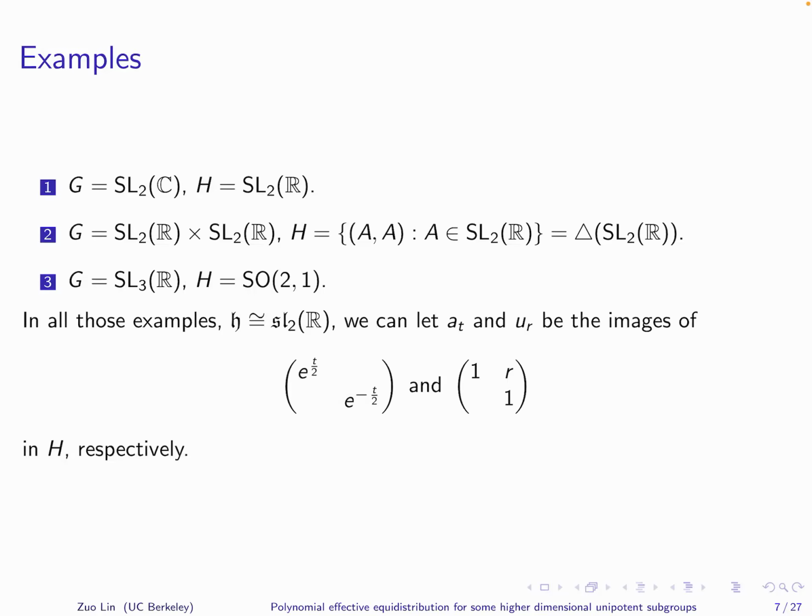I take the corresponding things in H. For example, in the previous example in the introduction, the diagonal flow e^t, 1, e^{-t} inside that special orthogonal subgroup is the image of this A_t. Okay, so those are examples where unipotent subgroups are one-dimensional.